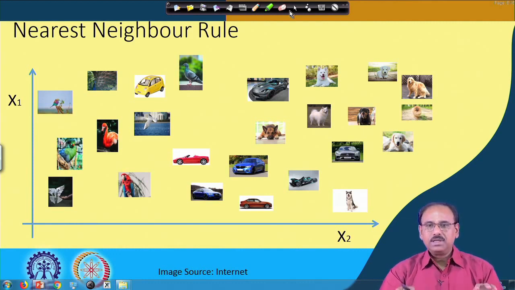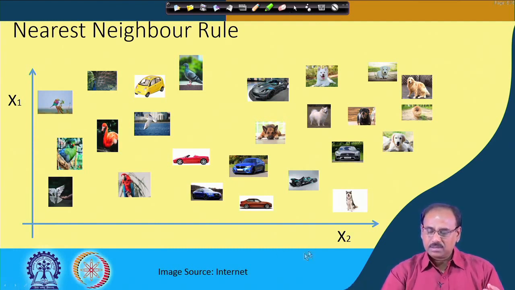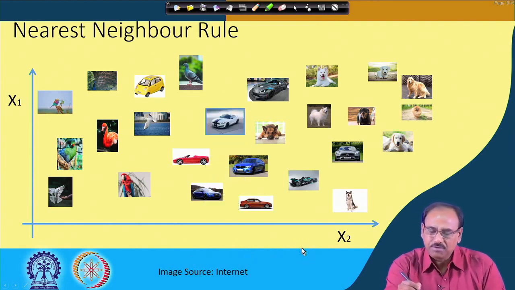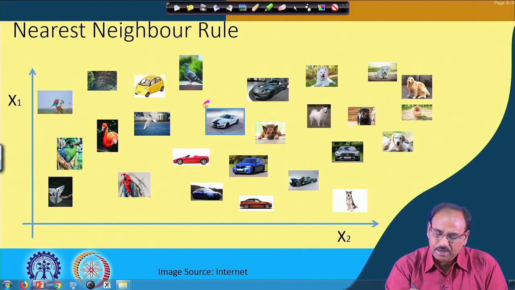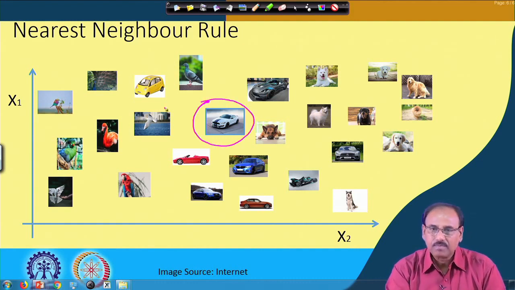Here all these images are the known images. I know the class from which each image comes. For example, I have a lot of images which are birds, a lot of images which are cars, a lot of images which are dogs. Now, given an unknown image, I have to classify, or identify what this image is.